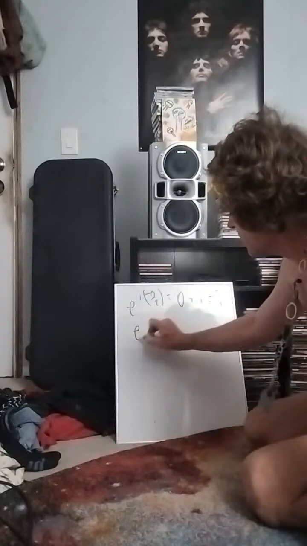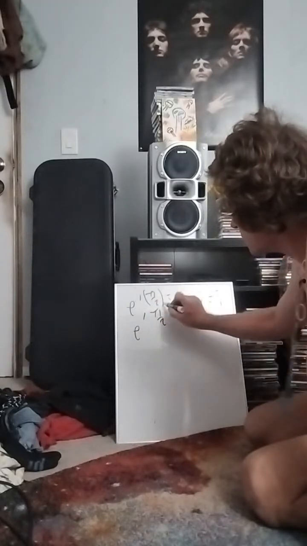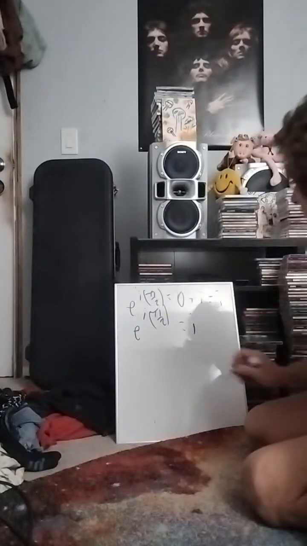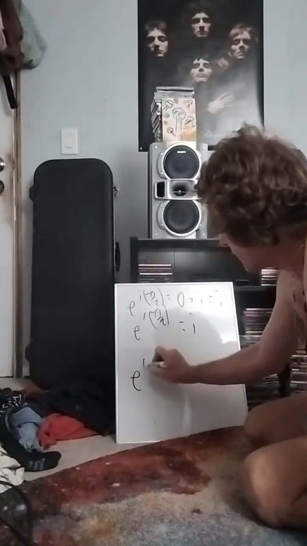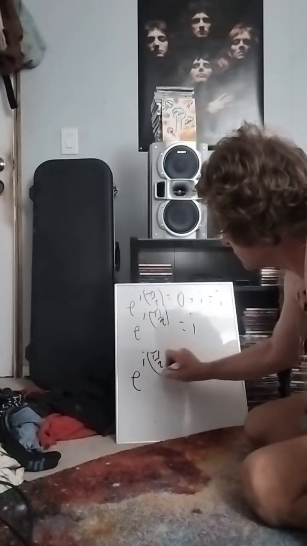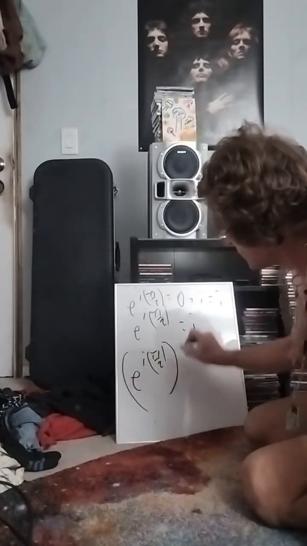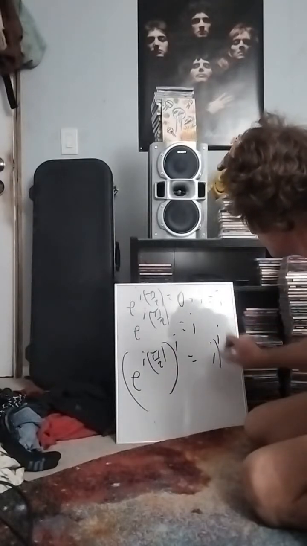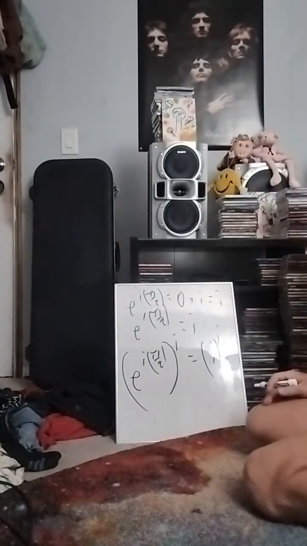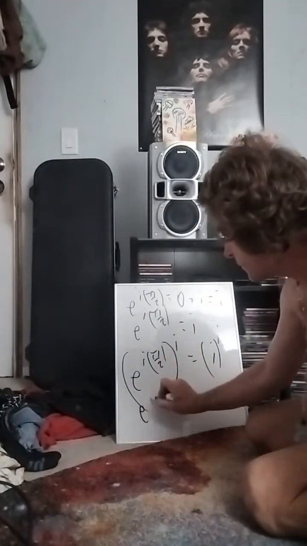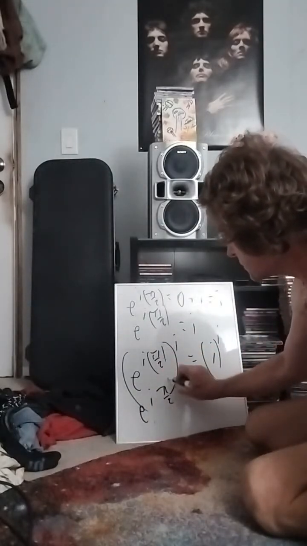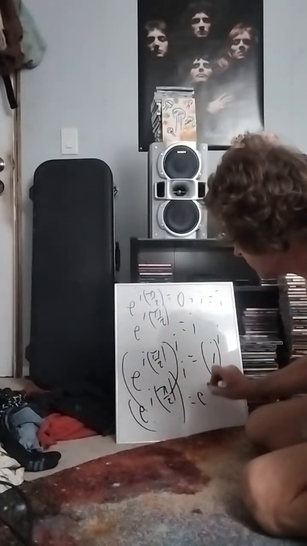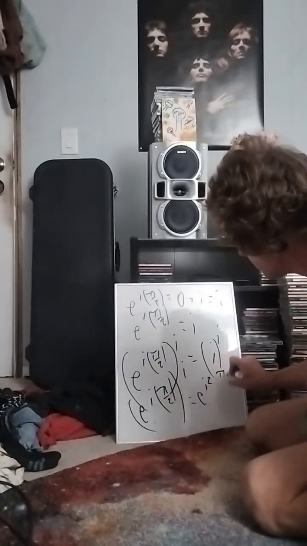If I have e to the i pi over 2 equals i, what if I take the i power of both sides? Then I have e to the i pi over 2, to the i power, equals i to the i. I took the i power of both sides. But e to the i pi over 2 to the i equals e to the i squared pi over 2.